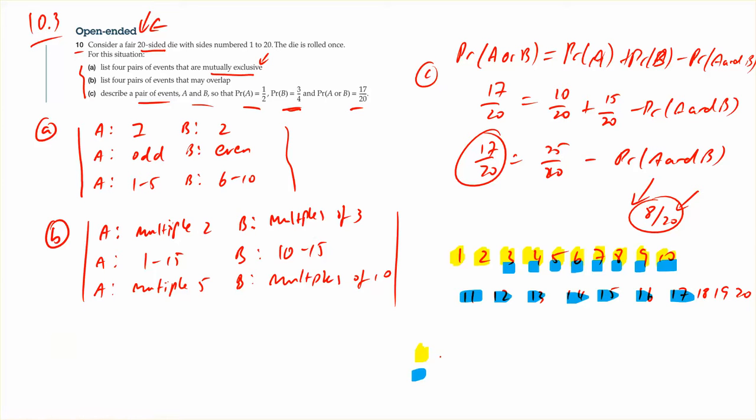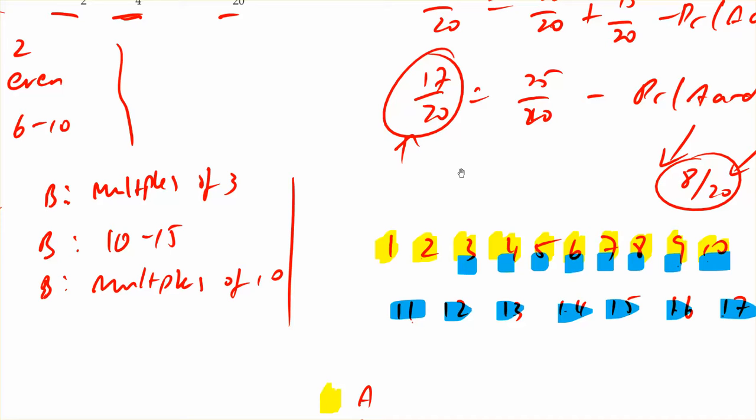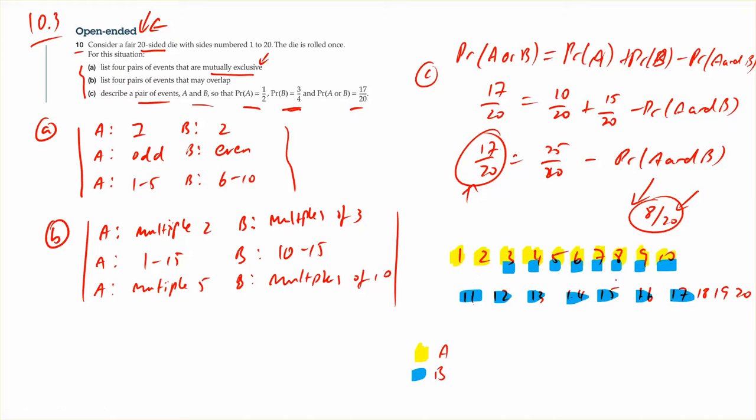This is event A. This is event B. Let's check whether we satisfy the condition. Does the total of A or B add up to 17 out of 20? Let's count all the colored numbers. 1 up to 17. Perfect. So we've satisfied the total count at 17 out of 20.